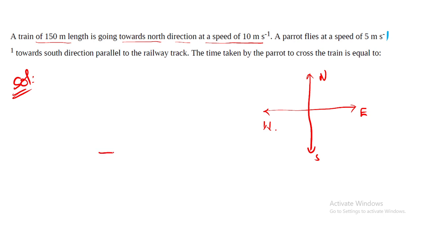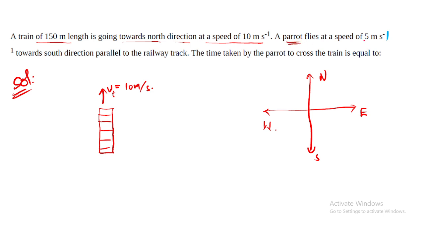North direction means this is a train like this, going towards the north in this manner, right? So this is the velocity of train. 10 meter per second. Yes or no?